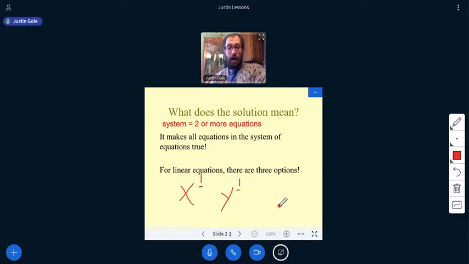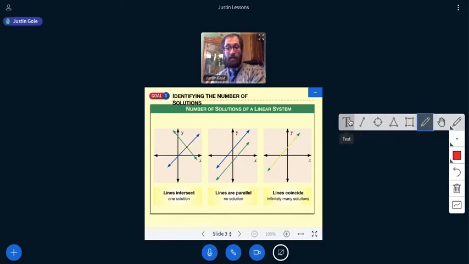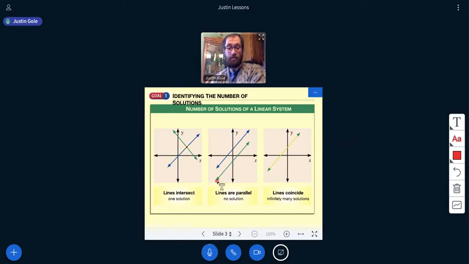There are three options. Those three options that we're going to work on today are: the lines intersect, there's one solution; the lines are parallel, there's no solution; and the lines are the same, or they coincide, that's infinite solutions.